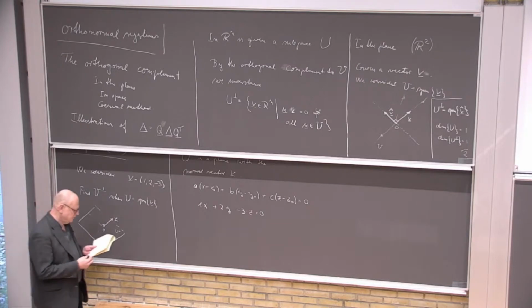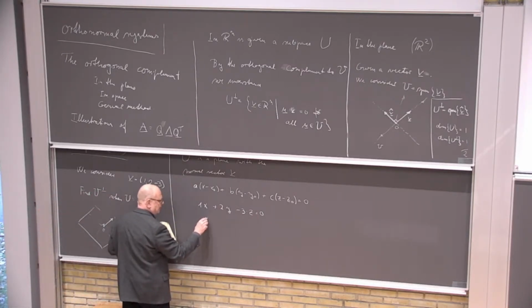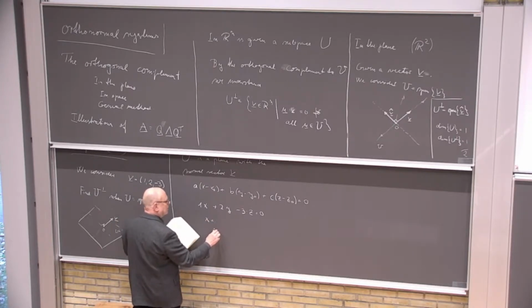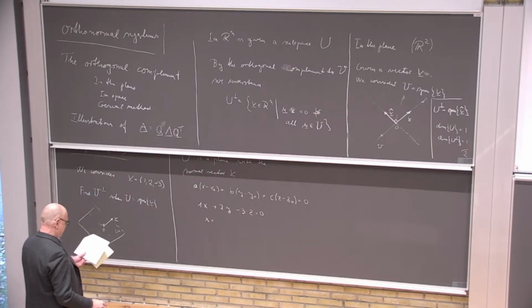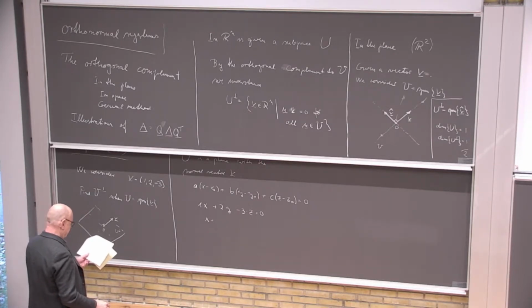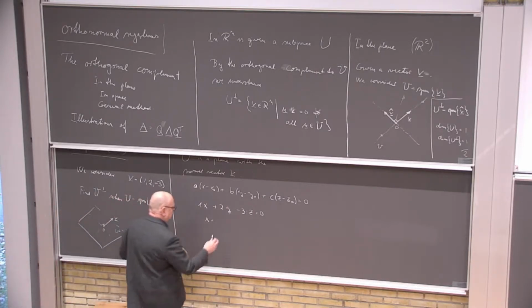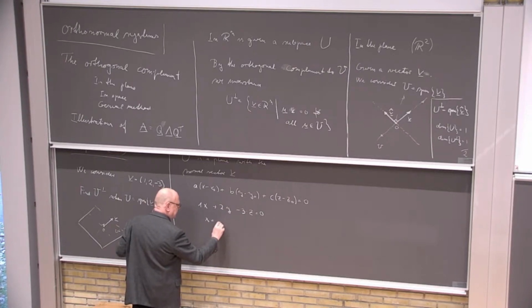And the way to do that is simply to solve this equation with respect to x. And you get, I try to do it, I have another number here, but let's see if this will be okay.